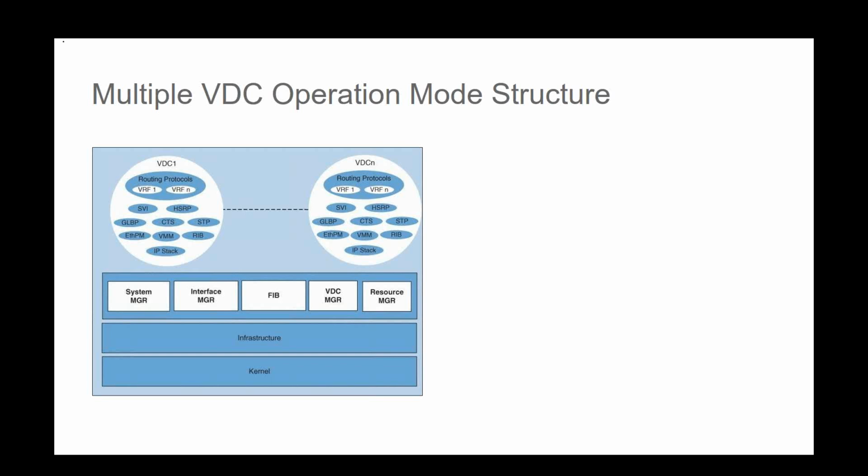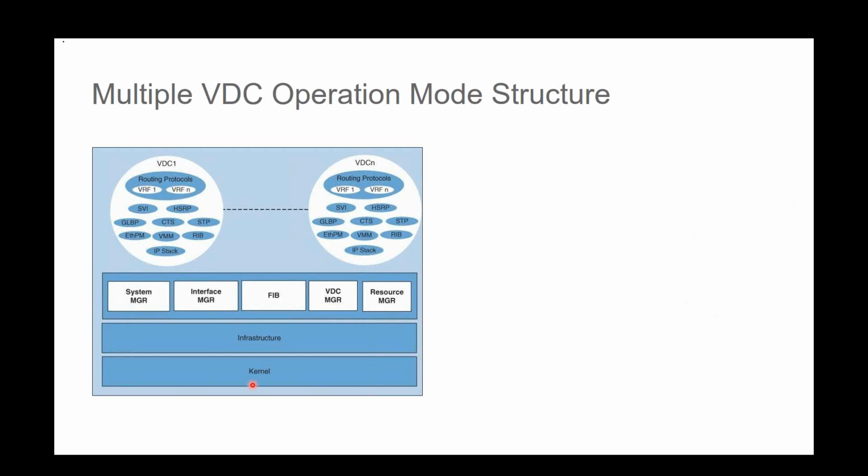So with the Nexus 7000, they came up with the idea of VDCs, which lets you essentially run anywhere from 2 to 9, depending on how you want to count it, virtual switch instances on one set of supervisors.